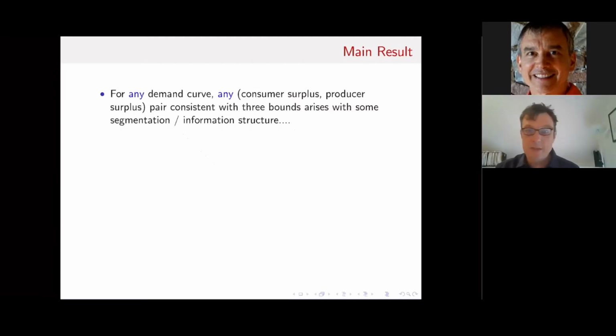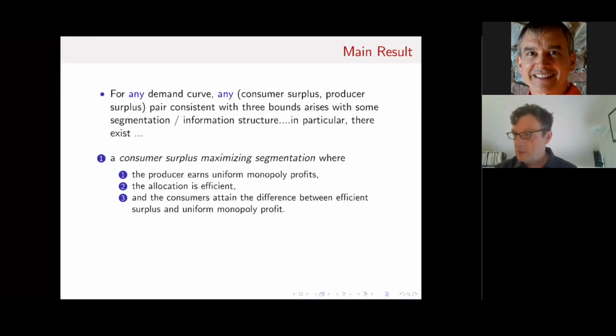A verbal statement of the graph that I just gave you is that for any demand curve, any pair consistent with the three bounds can arise through some segmentation and some information structure. In particular, there exists a consumer surplus maximizing segmentation, where more information does not help the producer, in the sense that he earns exactly his uniform monopoly profit, and all of the additional information simply leads to an efficient allocation that the consumer can gain from.